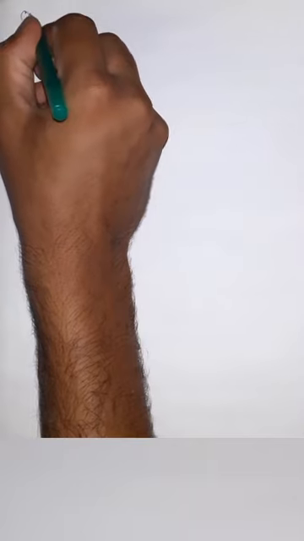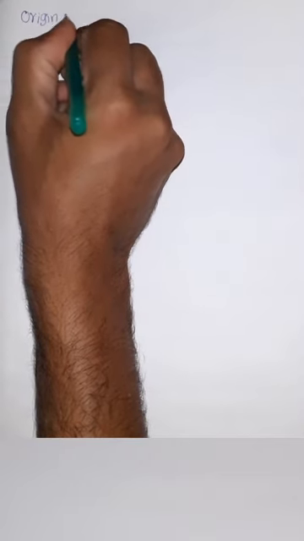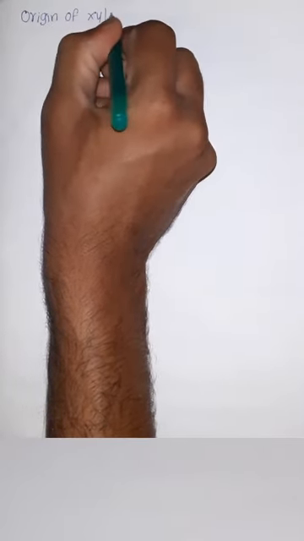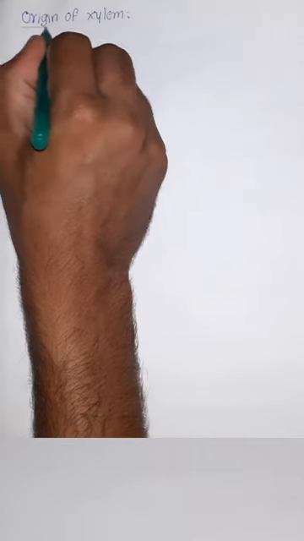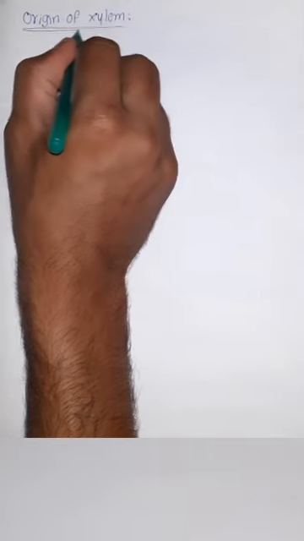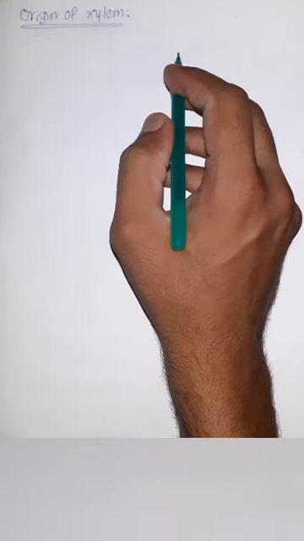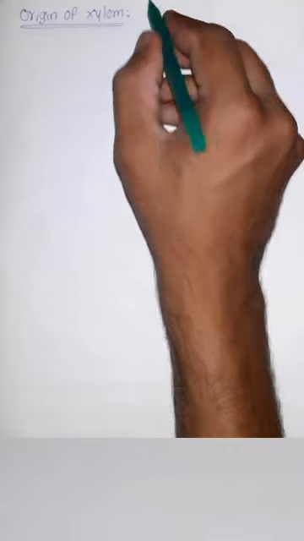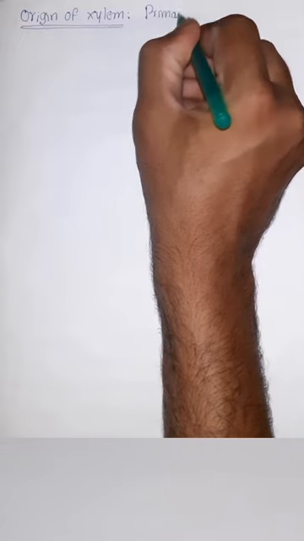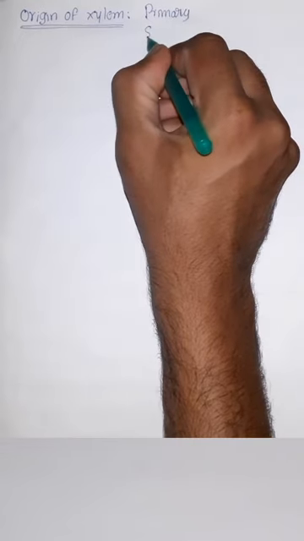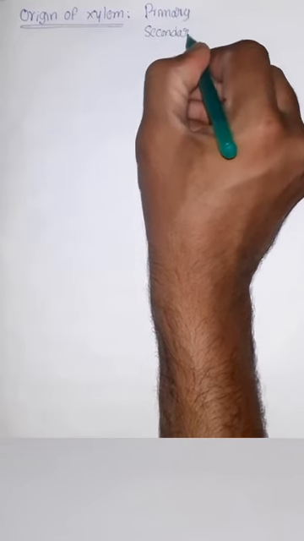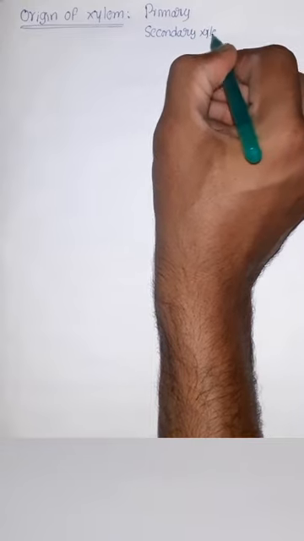Next we will see the origin of xylem, means from where it is originated. There are two types of xylem in plants. One is primary xylem, second one is secondary xylem.